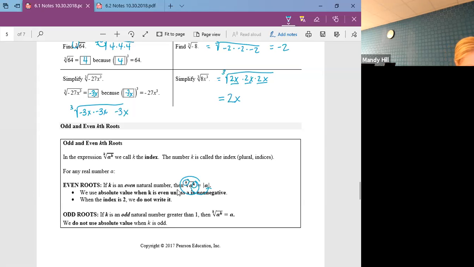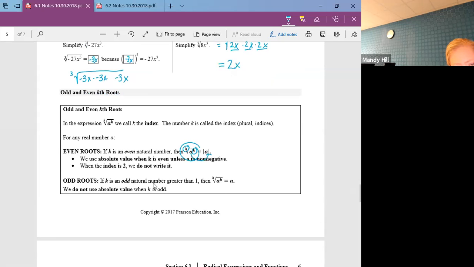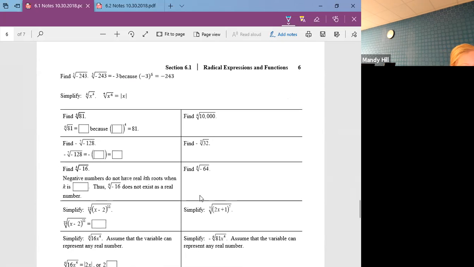For odd roots, if k is an odd natural number greater than 1, it's going to be the same thing. We're going to get back a. If a is negative, though, it's still going to stay negative.